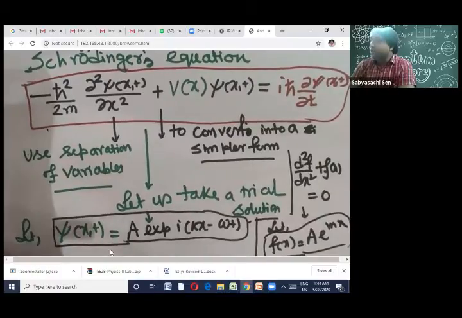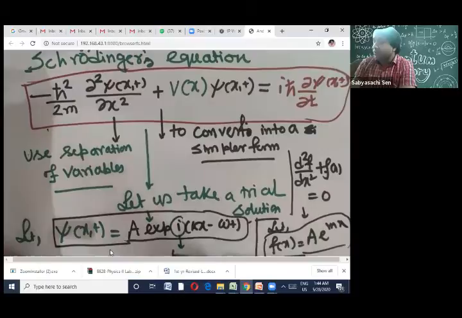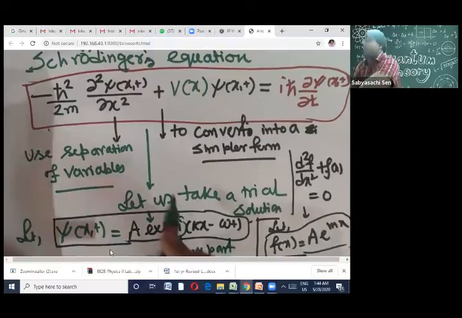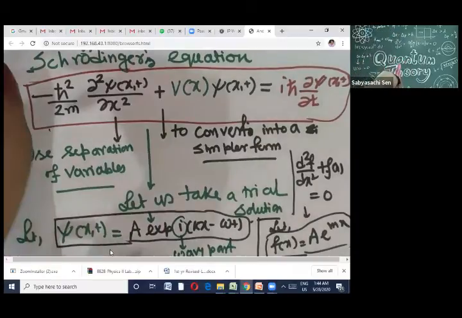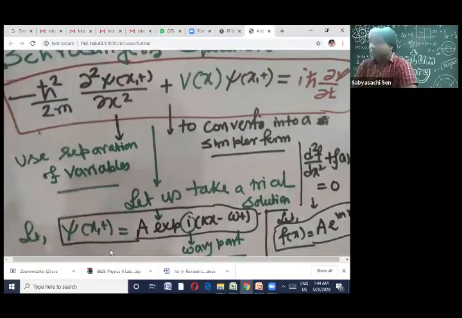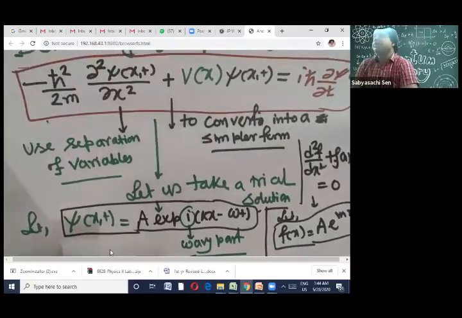But you may ask me, why have I chosen this i here? This i will take care of the wavy part of the solution, because I know my function psi is a wavy solution. It is going to represent the probability wave of an electron, the wave nature of matter. To take care of the wavy part, I have kept i there.